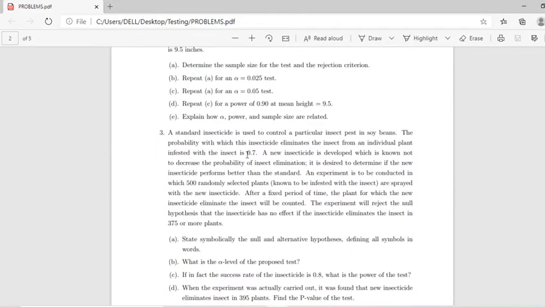It is given that the probability with which this insecticide eliminates the insect from an individual infested plant is 0.7. So this is the standard control value, and we have to check whether our new insecticide is more effective than the existing standard control.